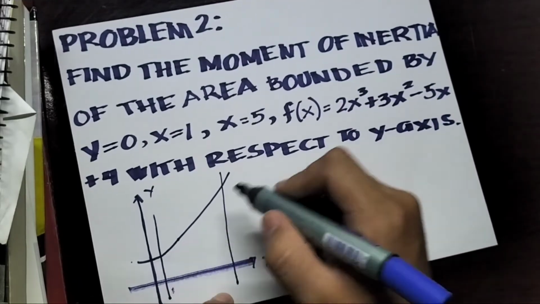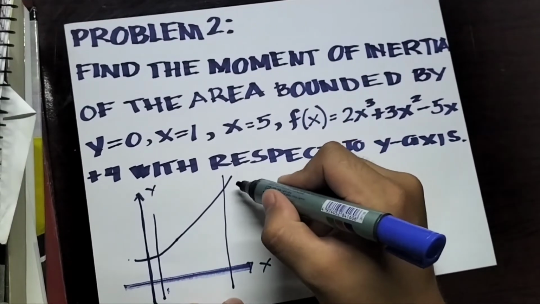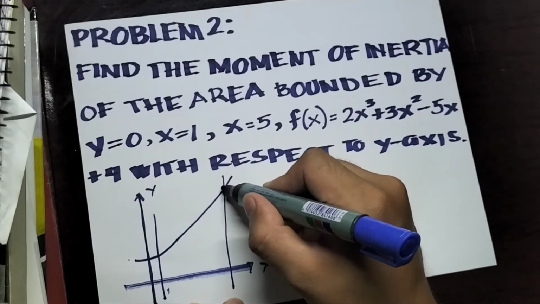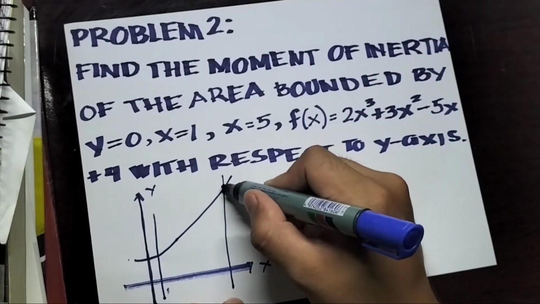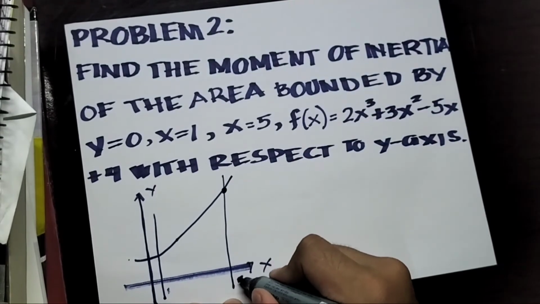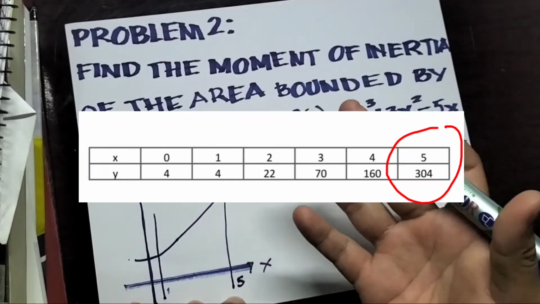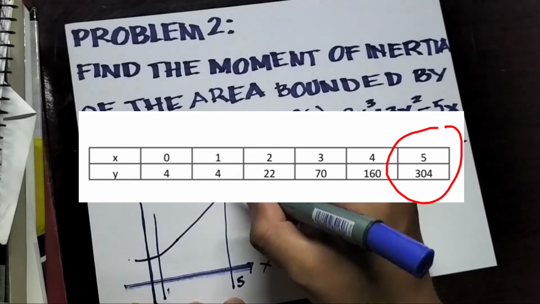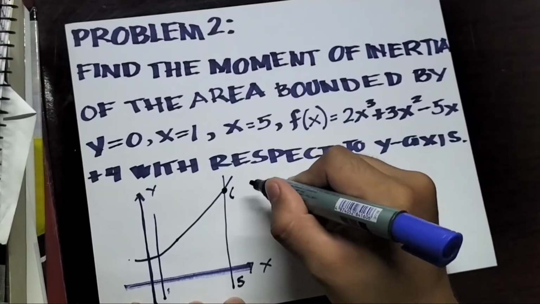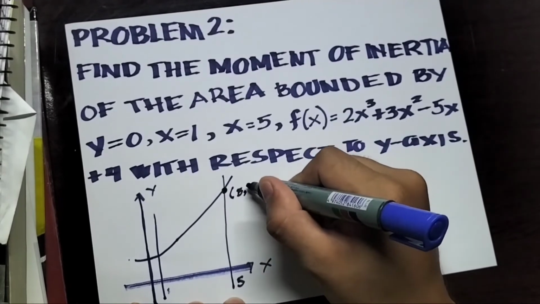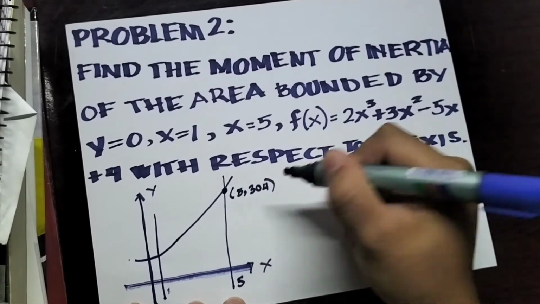So when x is equal to 5, what is the point here? As nakikita nyo man in the picture, the point here is 5 and 304.